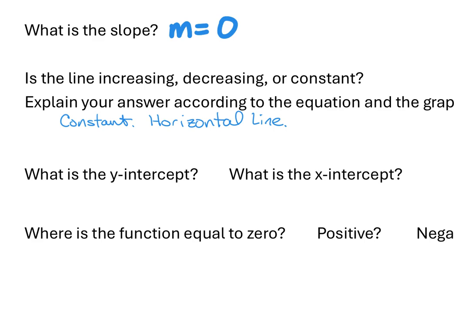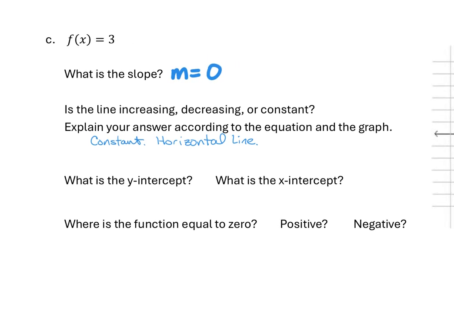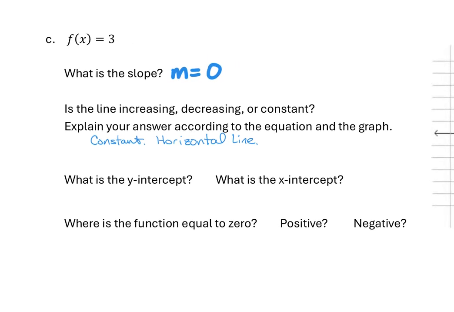It stays at the same level. It doesn't go up or down. We want to know what is the y-intercept, and the y-intercept is going to be 3. So remember, if we plug in 0 for x inside the parentheses, what's the equation equal to? Well, it's equal to 3.